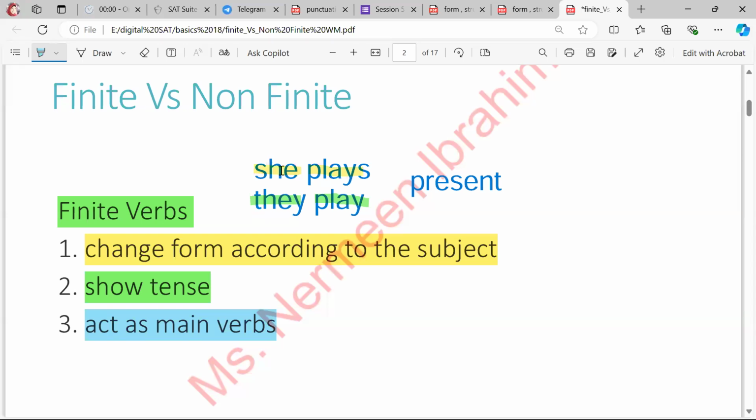She needs a main verb to tell what she is doing, an action verb. So she plays, they play. Yes, they both act as main verbs. So these are the 3 conditions upon which you judge a verb to be finite. Is it clear? Clear.